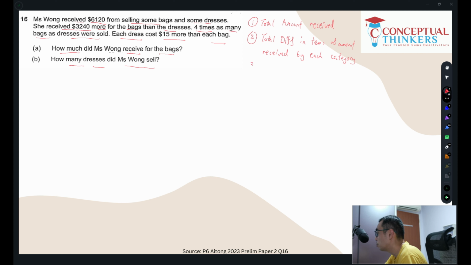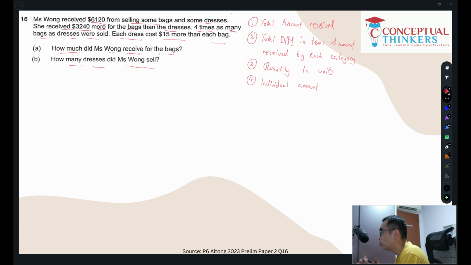Next, they mention the quantity, but in terms of units. In this case, the phrase is 4 times as many bags as dresses. The last thing they mention is what we call the individual amount, here $15 more than each bag.